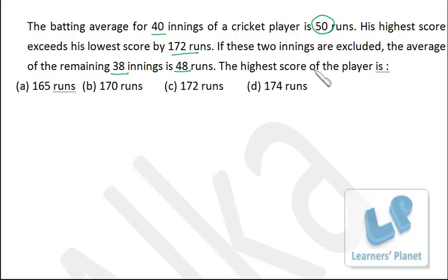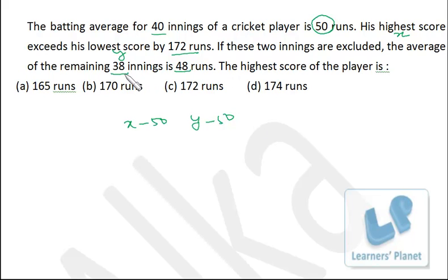I assume the highest score to be x and lowest score to be y, right? So what we do is we find out the deviation, right? Now highest score is x, so deviation of x from 50 is x minus 50. Lowest score is y, so deviation from 50 is y minus 50.